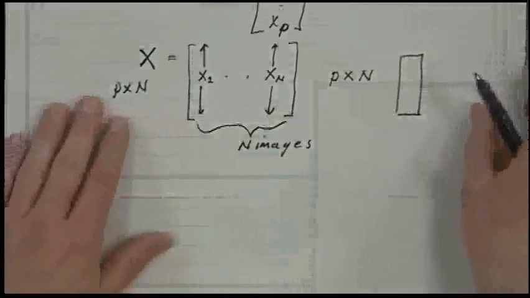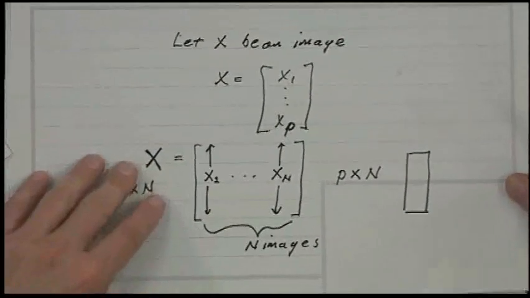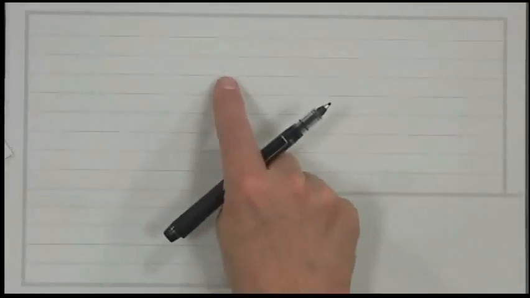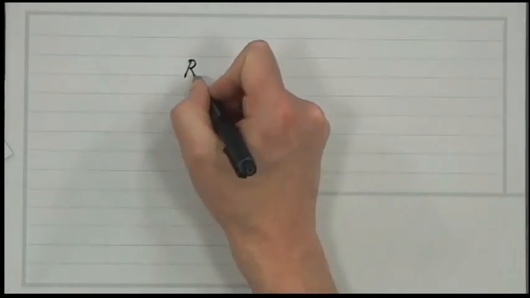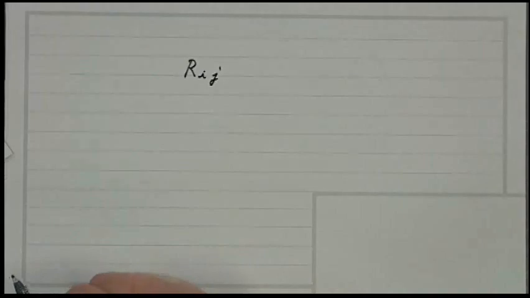Now you want to calculate the covariance in the image. So what is the covariance? I already explained this once, but I'm going to explain it again because it's always good to think about these things in more than one way. So the covariance, if I look at R of i,j, what does that mean?